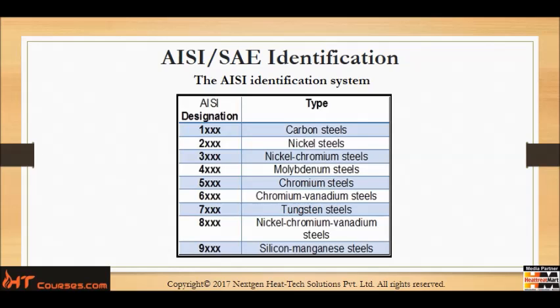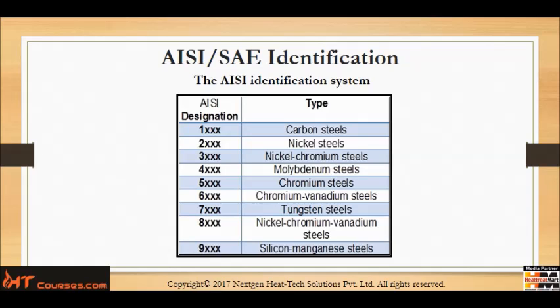2XXX, those are the nickel steels, that's iron plus nickel as the principal alloying element with carbon, and it's designated as 2XXX. That means if we see 20XX, it means it's a nickel-based steel or a nickel-bearing steel.